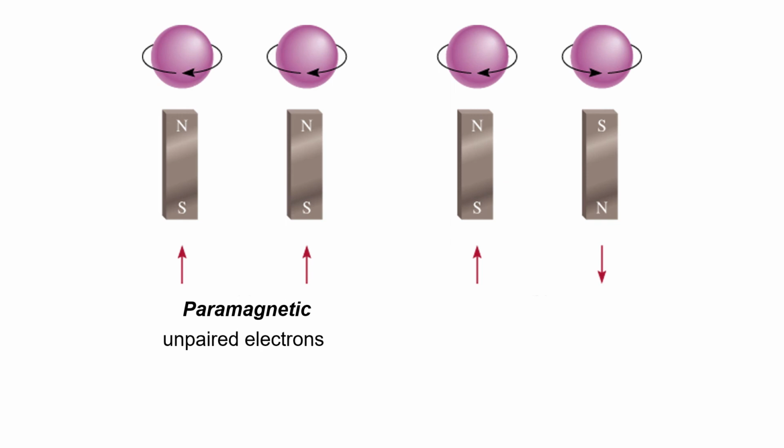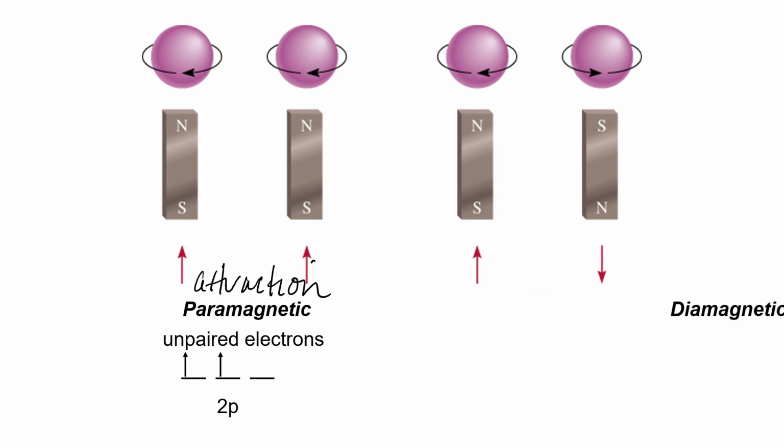If a substance or an element is paramagnetic, it is attracted to a magnet, and it has unpaired electrons.